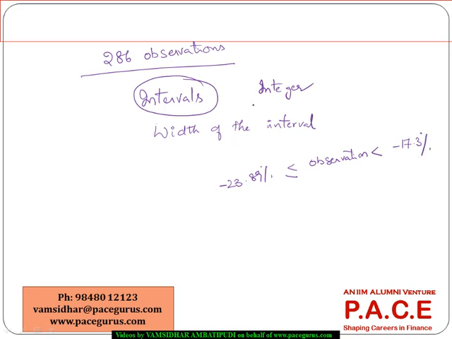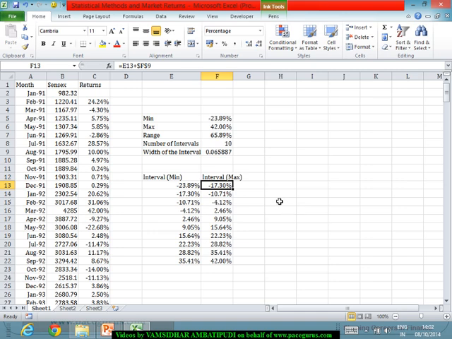So this is the way I can very well plan out all my observations. Right, and once I have created this, now that I have got my intervals, I can find out of my data how many are falling into each of these intervals. So that is what I call frequency.